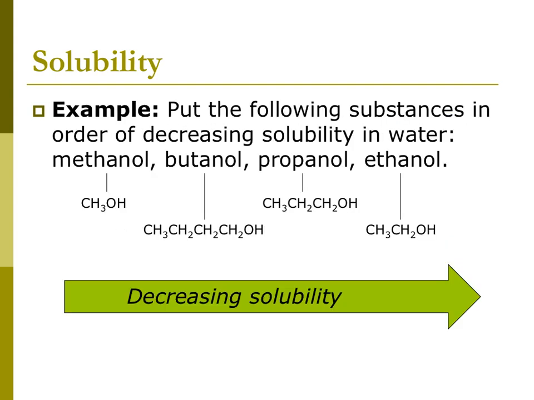Let's compare the first four in the homologous series with the hydroxyl group. So here we have methanol, butanol, propanol, and ethanol, and we're being asked to put them in order of decreasing solubility. The most soluble would have the shortest chain, which would be our methanol. Then we would have the next longest chain with 2 carbons, ethanol.